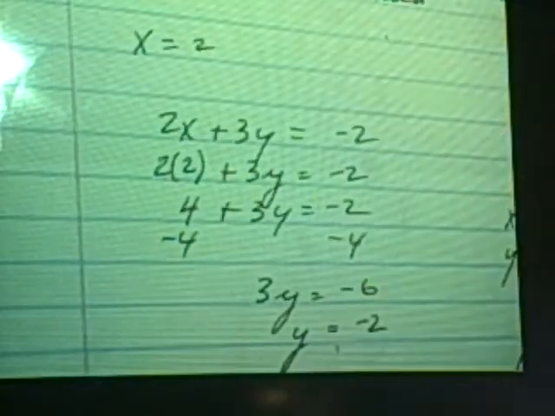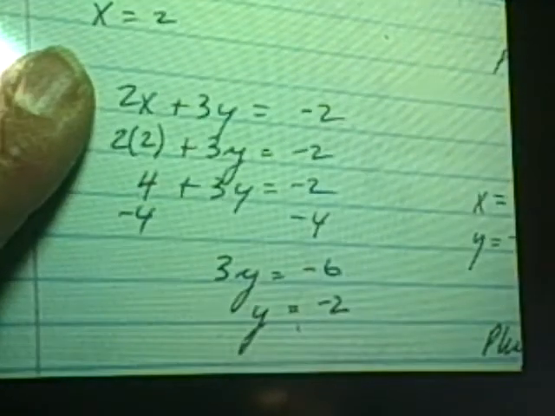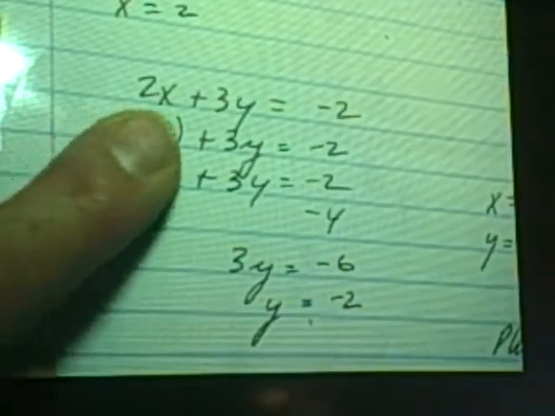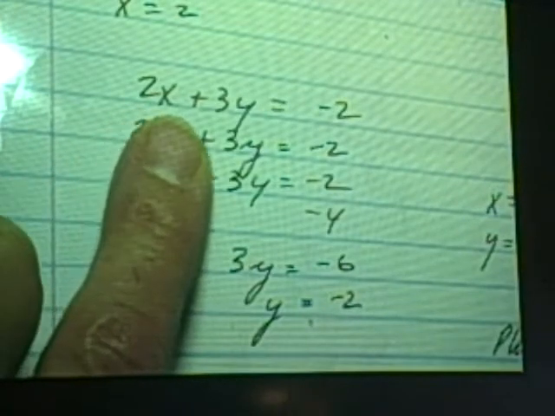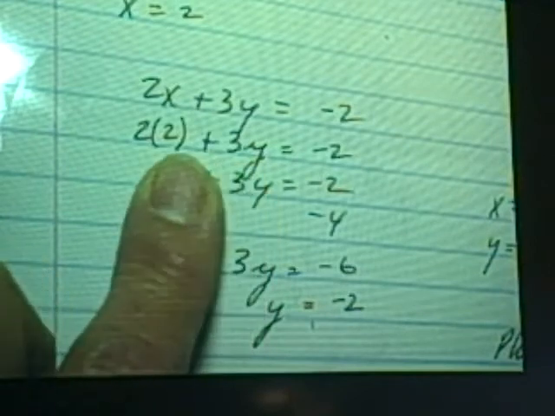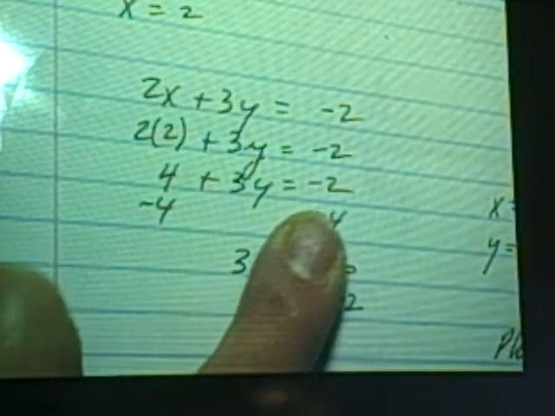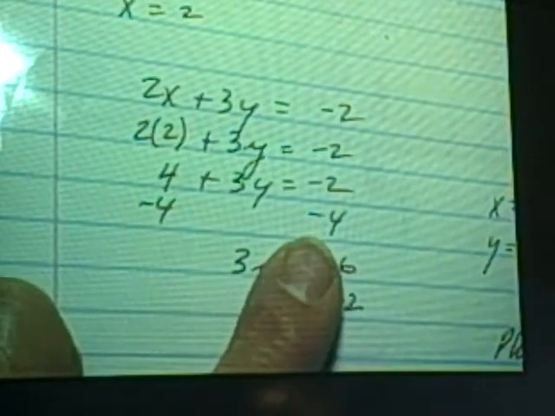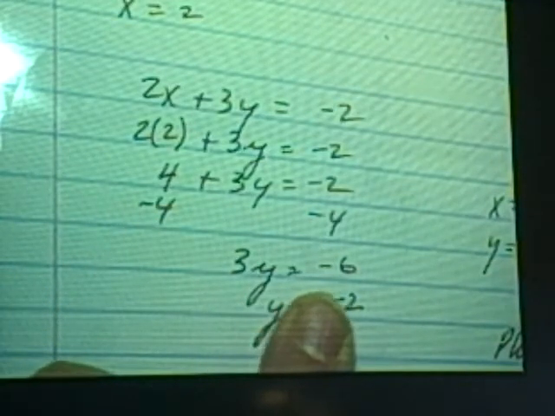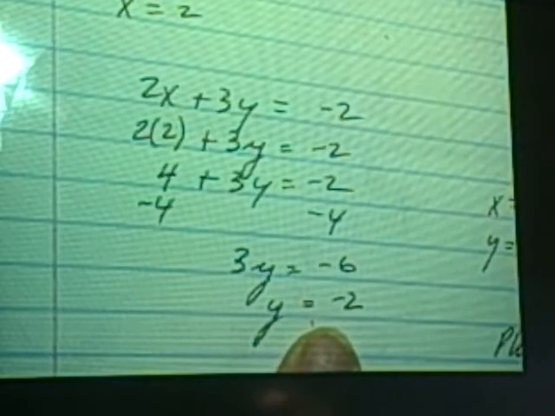And I decided, using x equals 2, I plugged it into equation number 1, 2x plus 3y equals negative 2, and I will solve for y, and I have 4 plus 3y equals a negative 2, subtract 4 from both sides, 3y equals a negative 6, and y is equal to a negative 2.